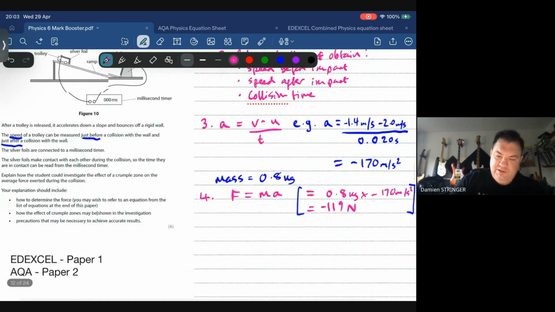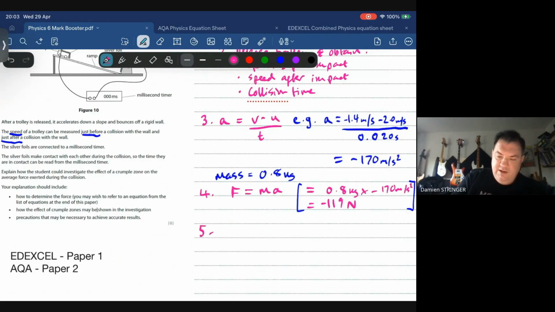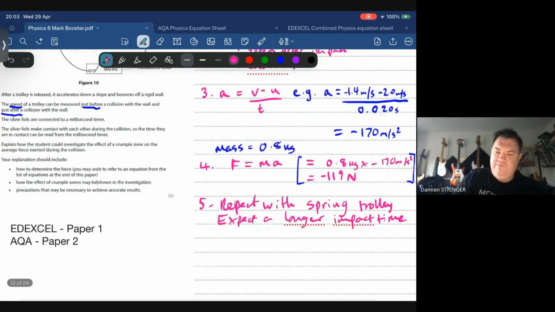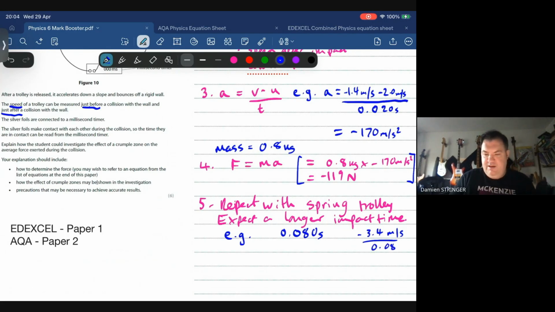Now, it does mention how they affect the crumple zone. So what you would expect is to repeat with a spring. So you'd expect a longer impact time. Assuming all that was the same, so for example, if that was exactly the same but a longer impact time, so something like 0.080 seconds, what would that give you? So that'd be minus 3.4 meters per second over 0.08 seconds.